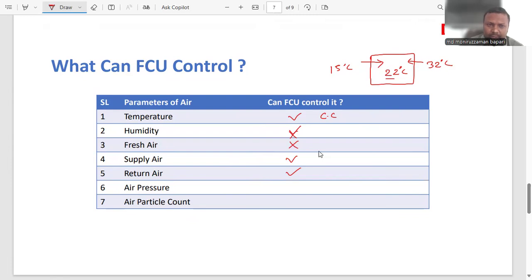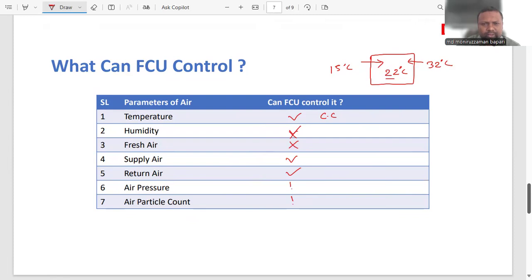Air particle count: a fan coil unit has only one chamber, so we do not use it to make a highly efficient air filtration system. For that, an air handling unit is a better choice.